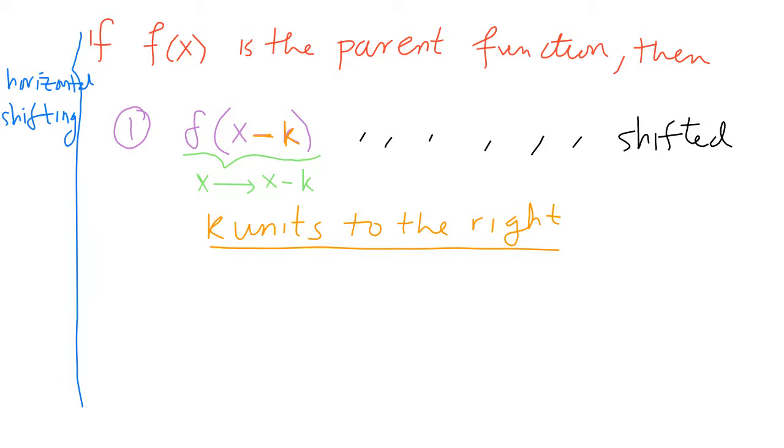So if I see an equation in which x is replaced by x minus k, I should know that a horizontal shifting k units to the right was made. Of course, the second case is to the left, f of x plus k.